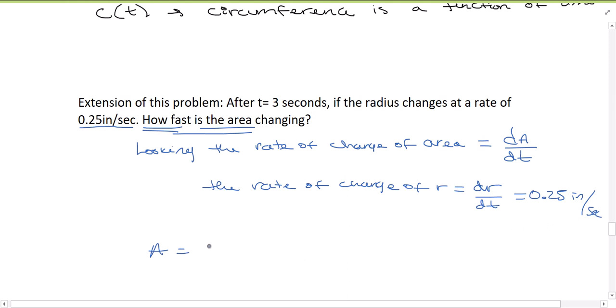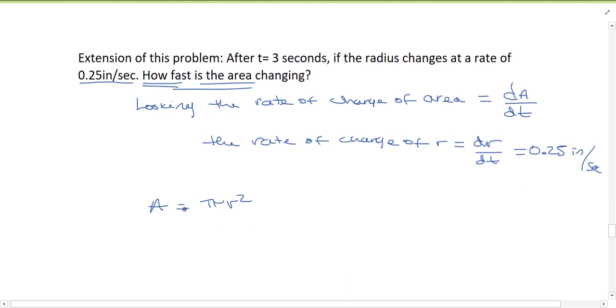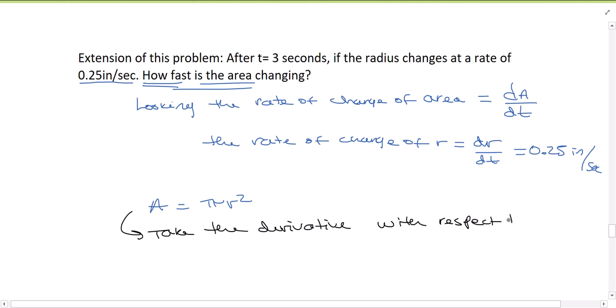So when I have A equals pi r squared, then I would need to get my hands on the rates of change, so dA dt and dr dt. So that means that here I will take the derivative with respect to t, the variable t, which is not even in the equation.